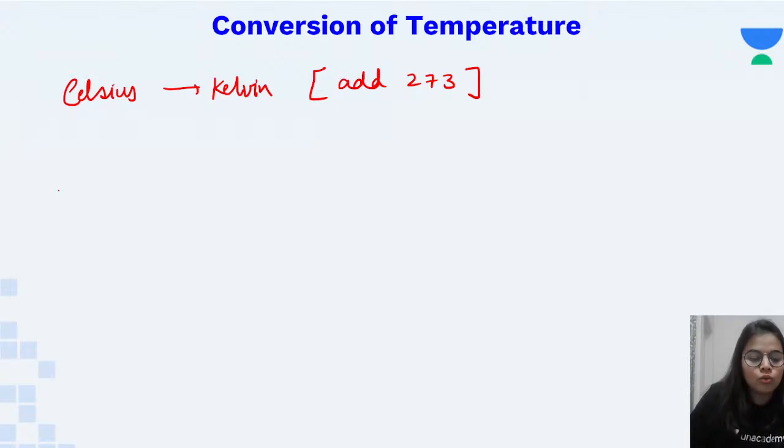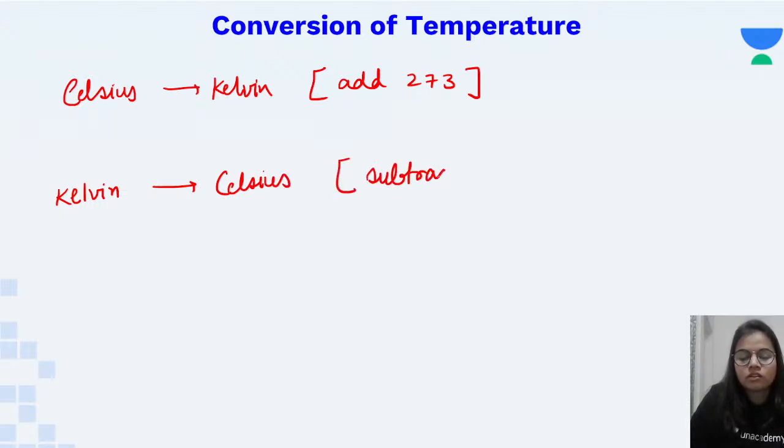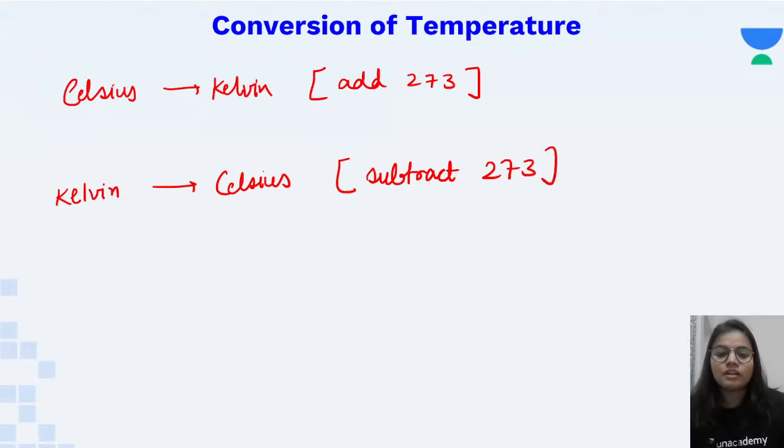Now, when we need to convert from Kelvin to Celsius, we simply need to subtract 273 from it, and we will get the temperature in degree Celsius. Now, students, these two equations are important whenever we go for numericals, because it is very important to see what units are present. If one temperature is given in Kelvin and the other in Celsius, we have to convert them both into one particular unit, right?